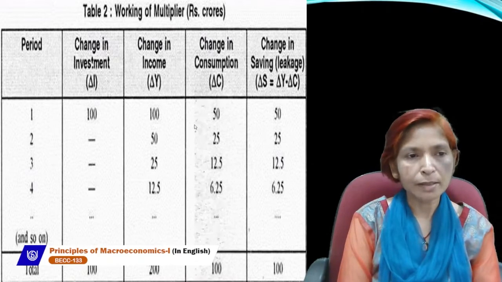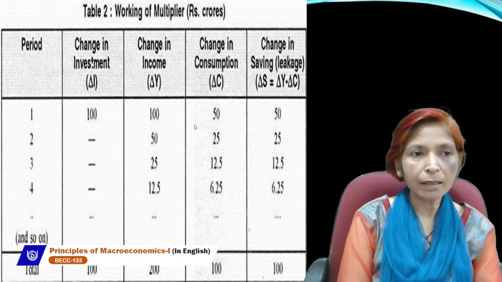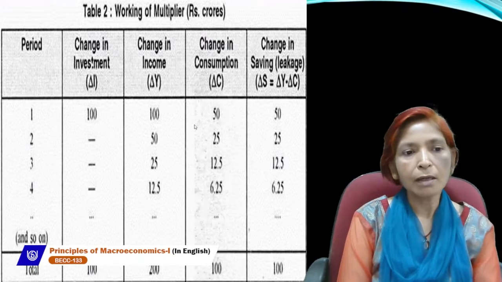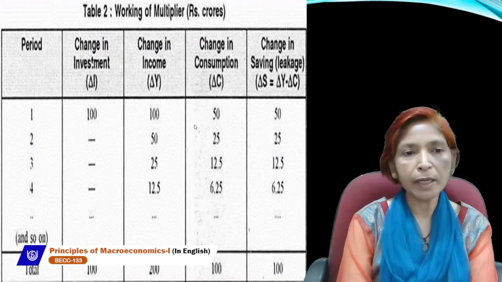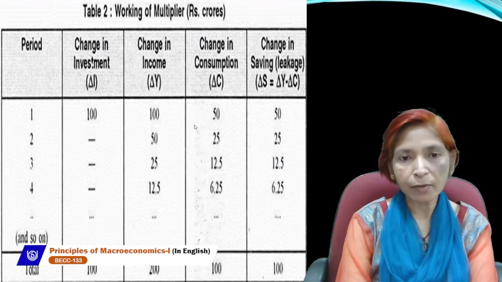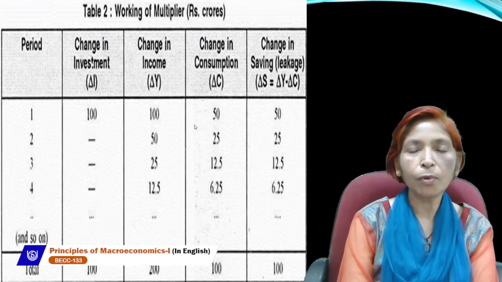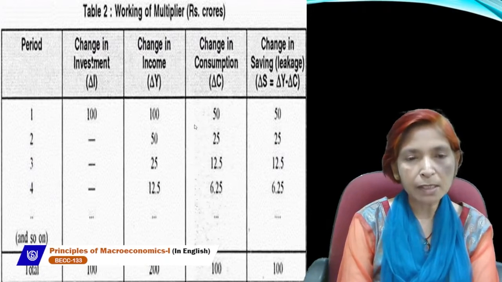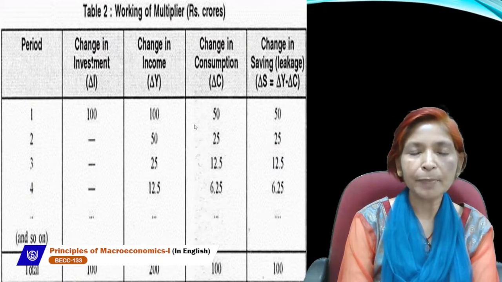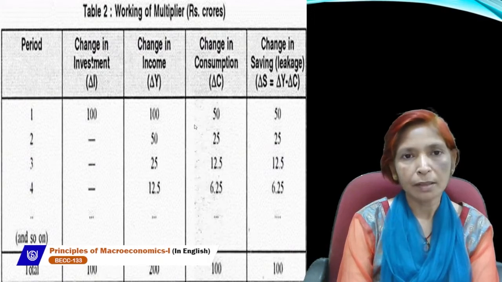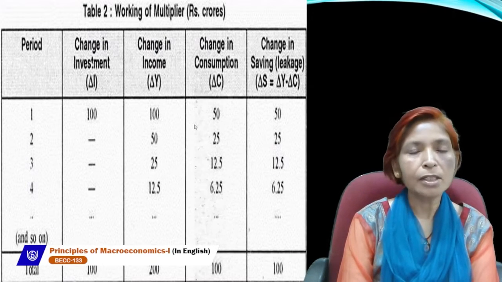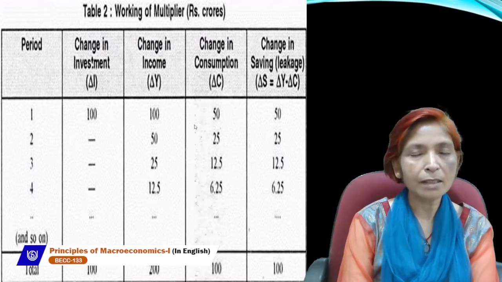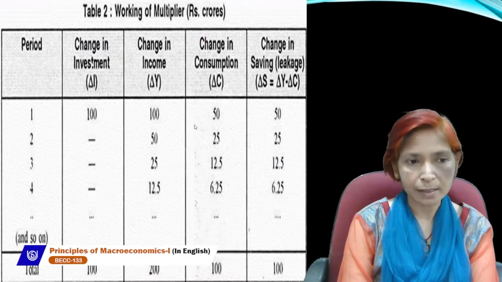or so many years. So if we take change in investment as 100 crore rupees, then change in income will be 100. And if MPC is given as 0.5, it means half of the money income we are spending on consumption. Here delta I is 100 crore rupees.